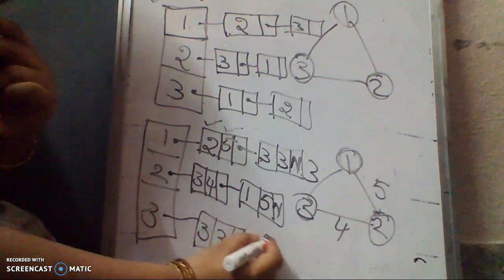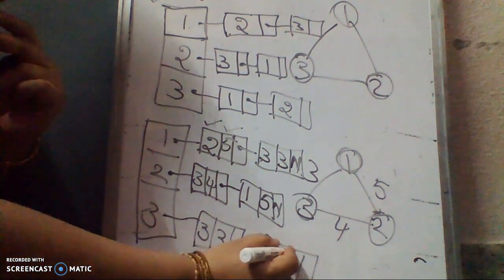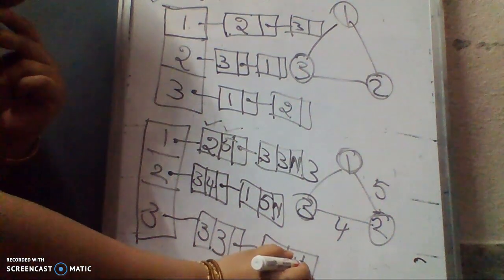And vertex 3 is also adjacent to vertex 2, edge weight is 4, and null.